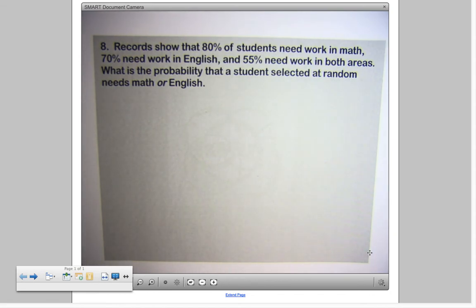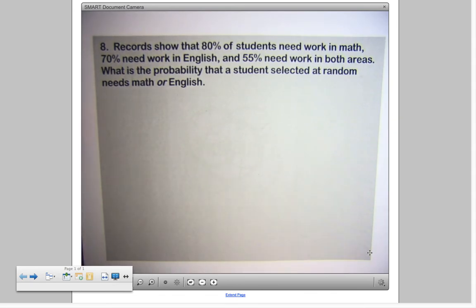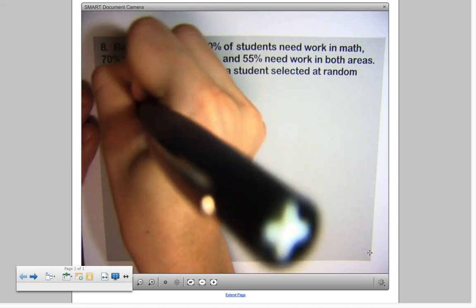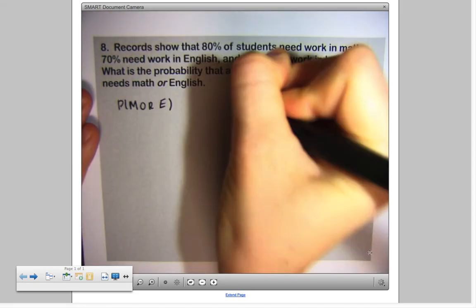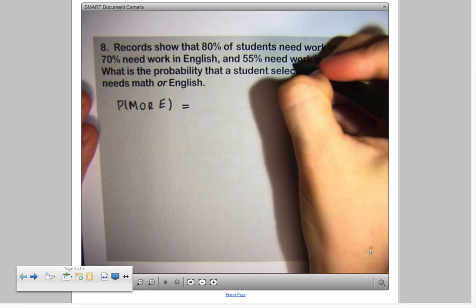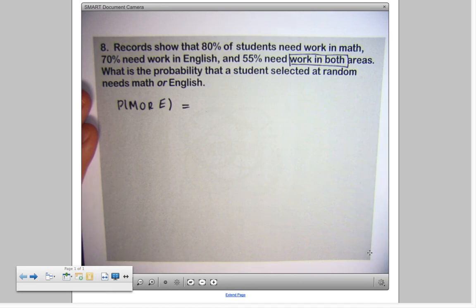Last word problem. So 80% of students need work in math, 70% in English, and 55% in both. So probably I think it'd be math or English. Right here they need work in both. This means that there's an overlap.